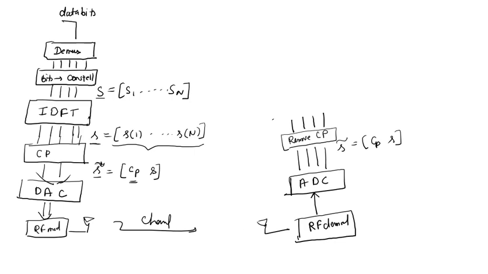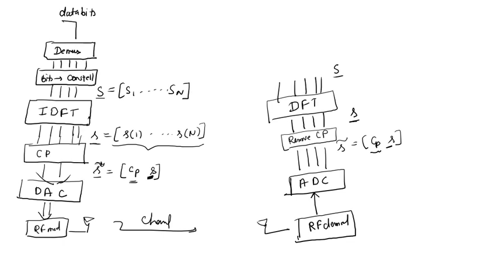Then once we remove the CP, we get S only. We have removed the CP, so we will get the S vector only, which has all the samples of the OFDM signal. Then we perform a DFT, and it will give you all the constellation points.